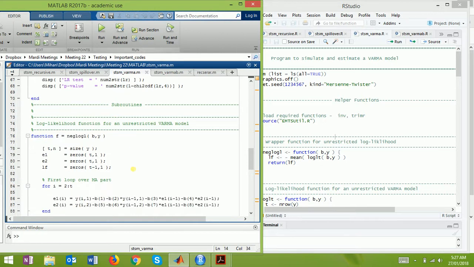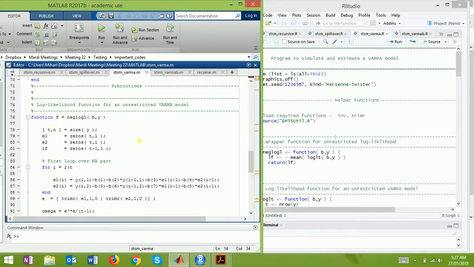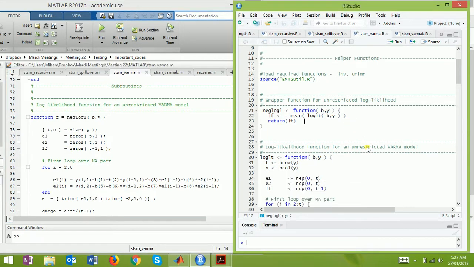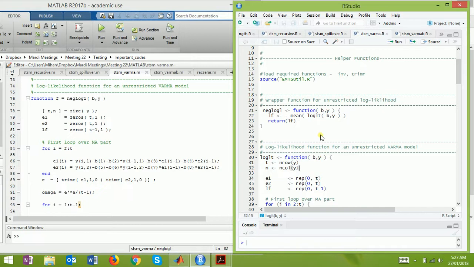First, we need to look into neglog and neglogL. The function is neglogL with parameters theta and y. T is the size of y. The negative log likelihood is produced here directly, whereas in R we will do the negative mean in a different wrapper function.